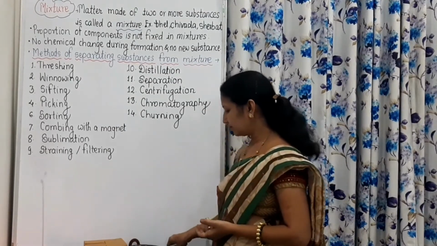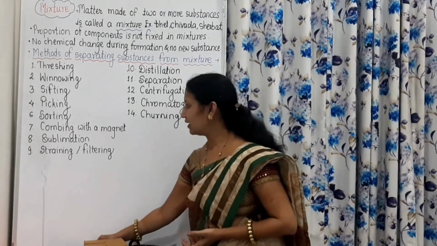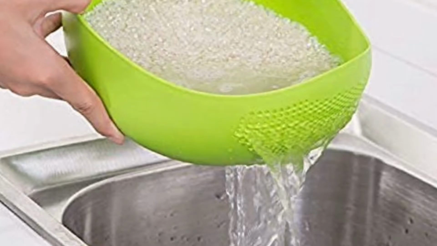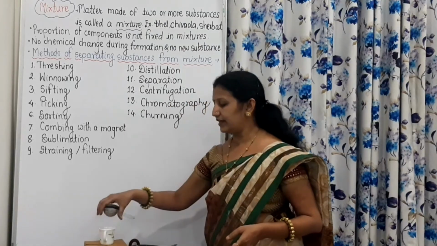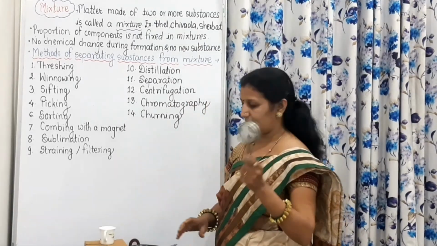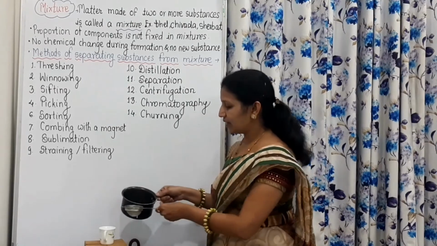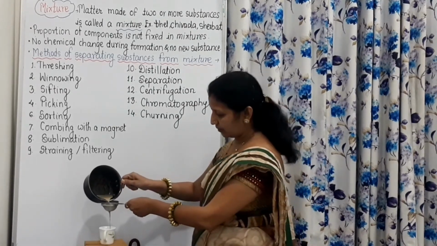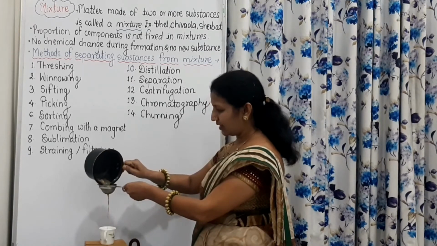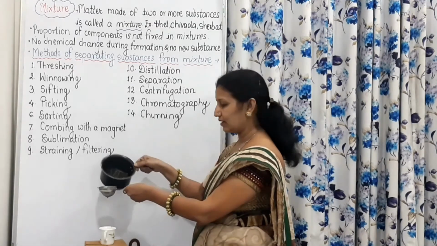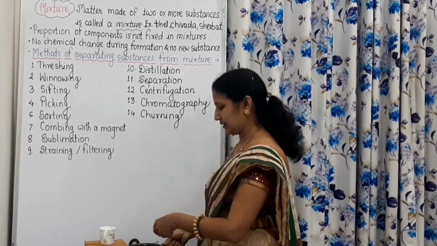Now we will see what is straining. For straining, a strainer is used. This is a strainer. For some liquids like tea, we use this strainer and we strain or filter the liquid like this.